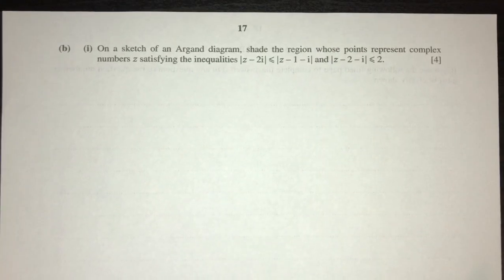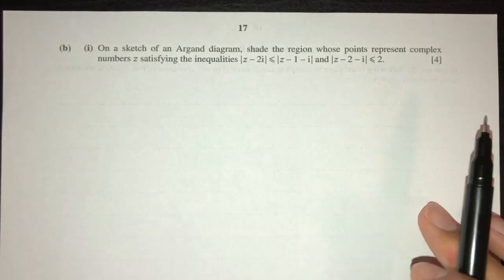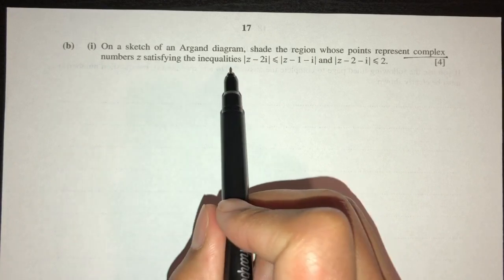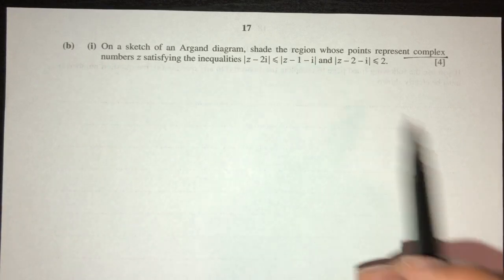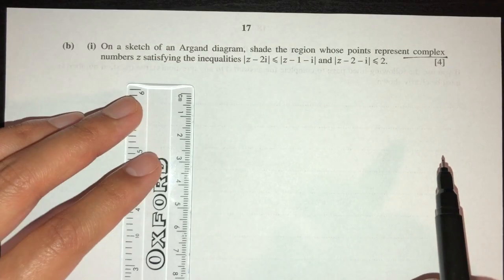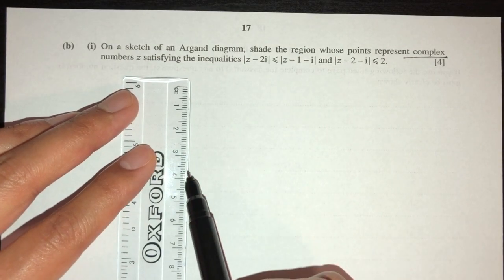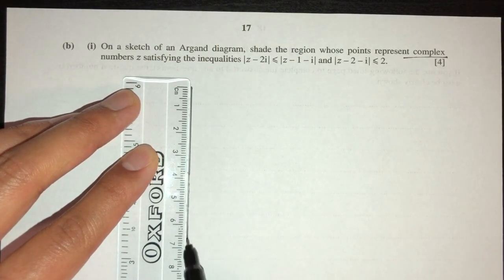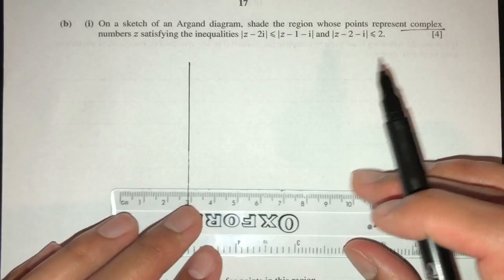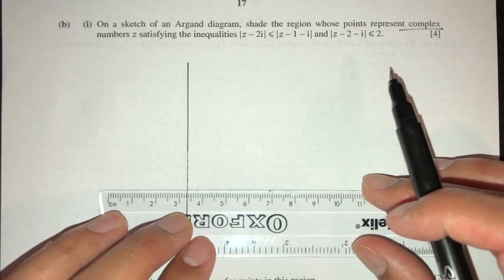Now let's move on to part B. On a sketch of an Argand diagram, shade the region whose points represent the complex numbers satisfying these inequalities. So the first step is to draw your vertical imaginary axis and your horizontal real axis, right? That's the first step.